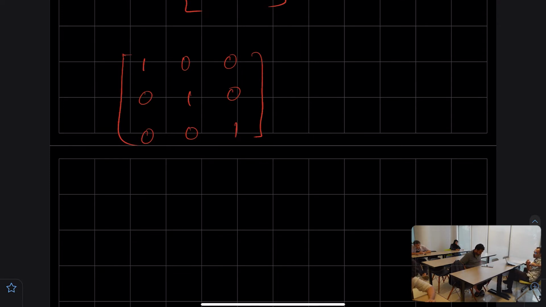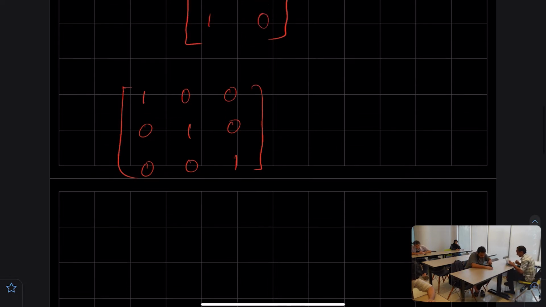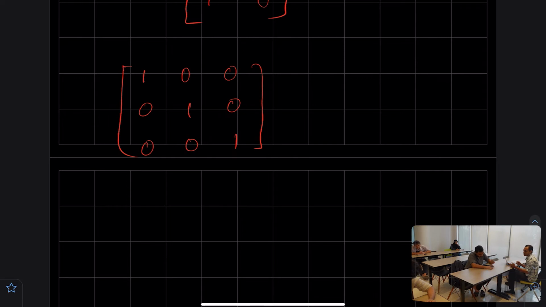The position of the leading one of every row is after the leading one of the previous row. That means every non-zero row, starting with the first row, contains a leading one, and the second row also, then the third row.